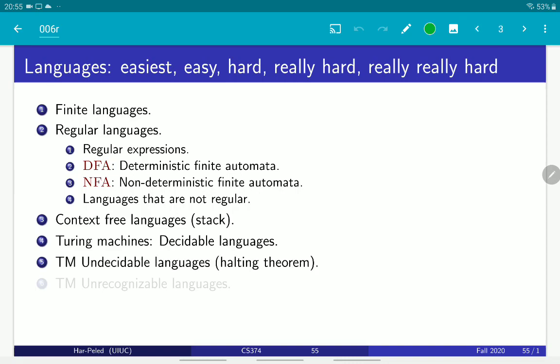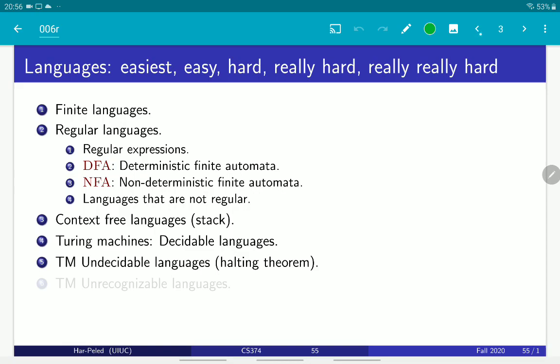And surprisingly, we will show that there are things that are undecidable, right? In particular, there is the famous halting theorem of Turing that shows that given a program, deciding whether the program is correct or not, or whether it's going to stop or not, is undecidable, which is very surprising. And that was Turing's fundamental result in the 30s.